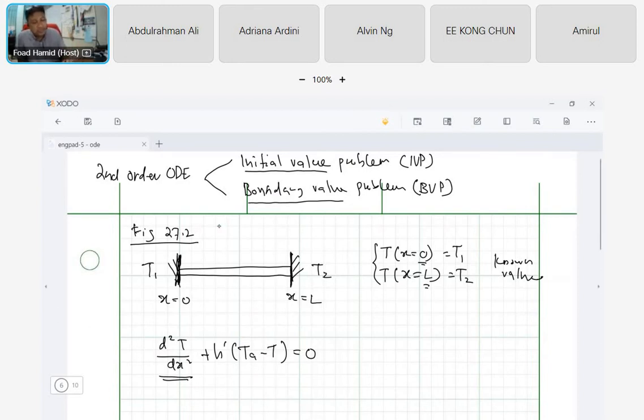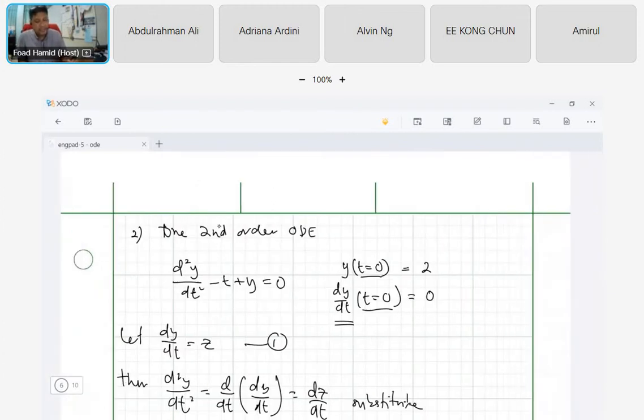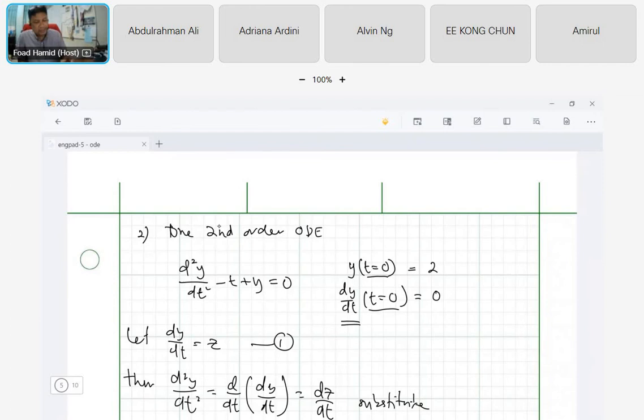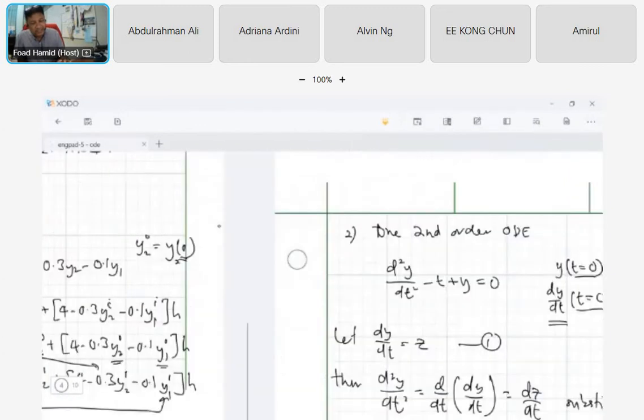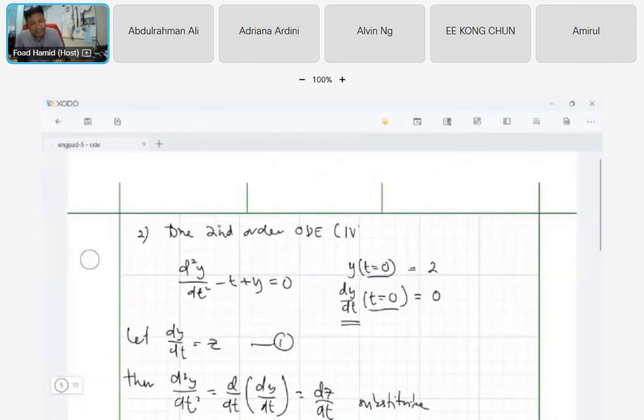So this one is our BVP, and this one is our IVP, and this is our IVP. So you must be able to tell which one is IVP and which one is BVP. If not, you get incorrect answers.